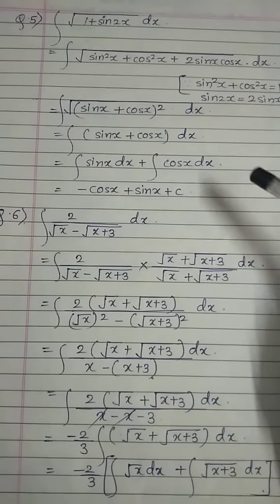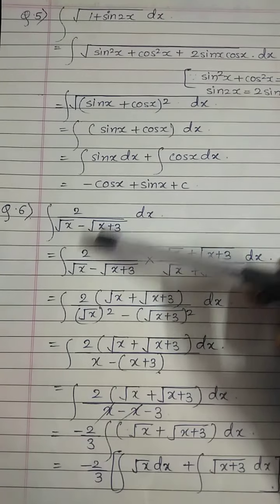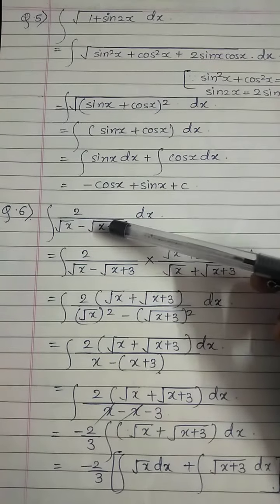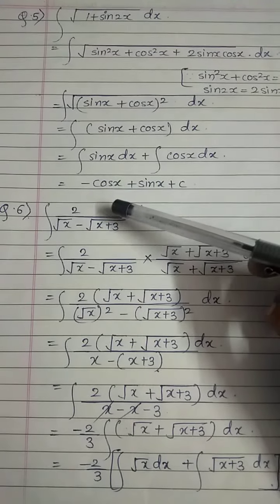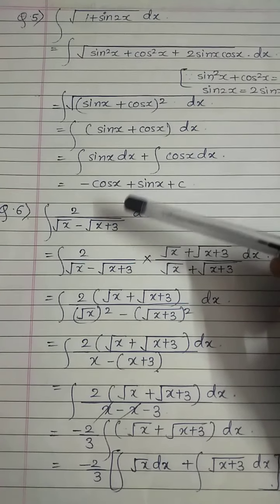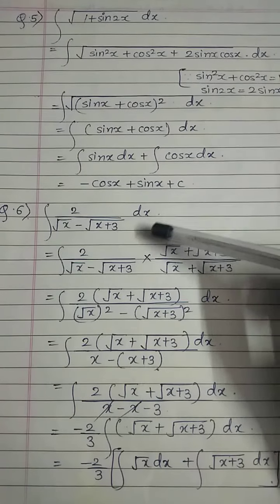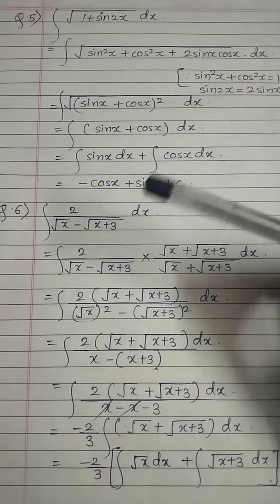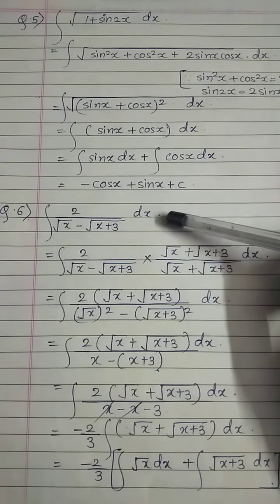Now question number 6, integration of 2 upon under root x minus under root x plus 3 dx. Now since root terms are present in the denominator, here by looking at the question, it is very clear that we need to rationalize the given term. So we will rationalize this by taking conjugate of denominator.